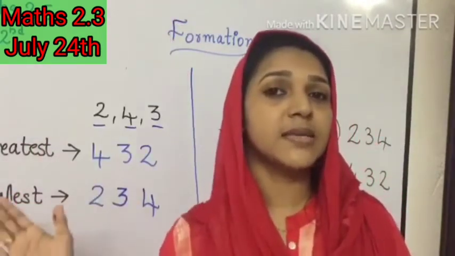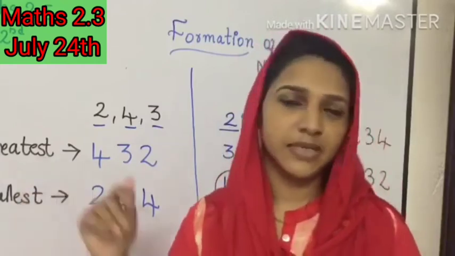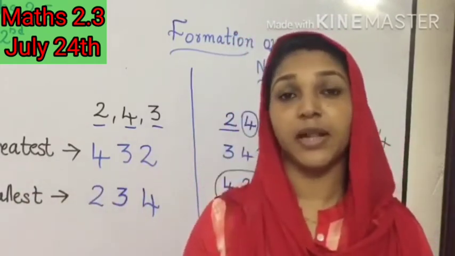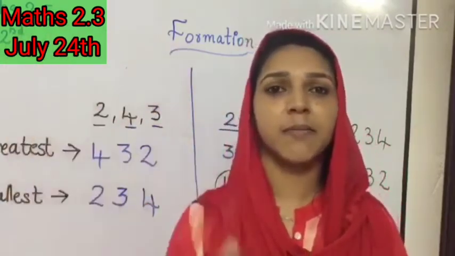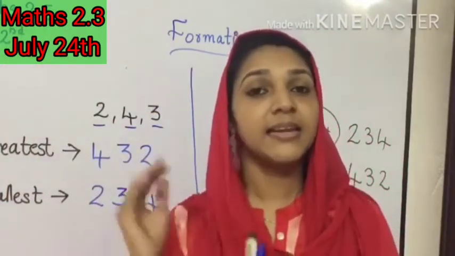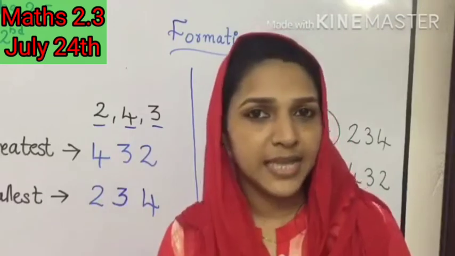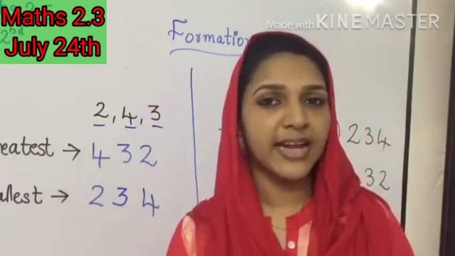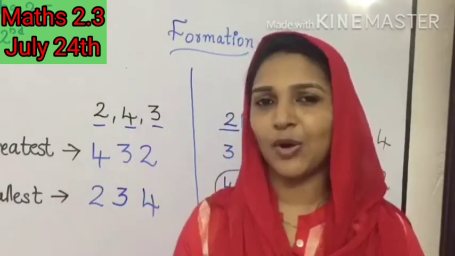So this is the simplest method or easiest method to write the greatest number and smallest number. To form the greatest number, we will write the digits in descending order. And to form the smallest number, we will write the digits in ascending order.